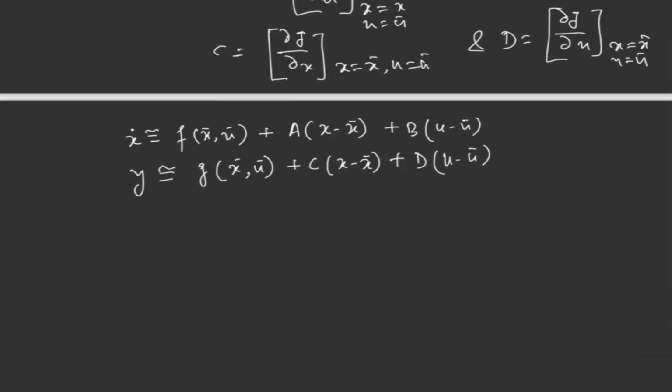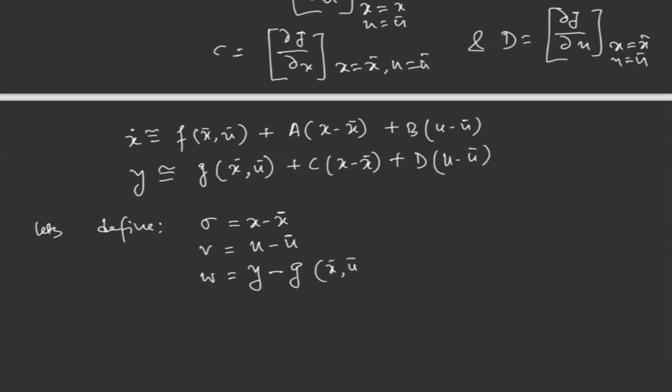Now we'll come up with a more compact form. Let's define sigma equal to x minus x bar, and v equal to u minus u bar, and w equal to, let's define, y minus z of x bar, u bar.